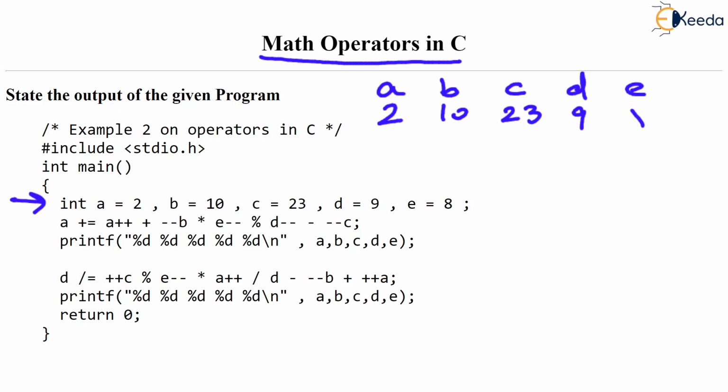These are the values. Now check this expression, A plus equal to A plus plus plus minus minus B and so on. Before we actually solve this expression, let us talk about the operator plus equal to. Let's say we have an expression like A plus equal to X, where A and X are variables.